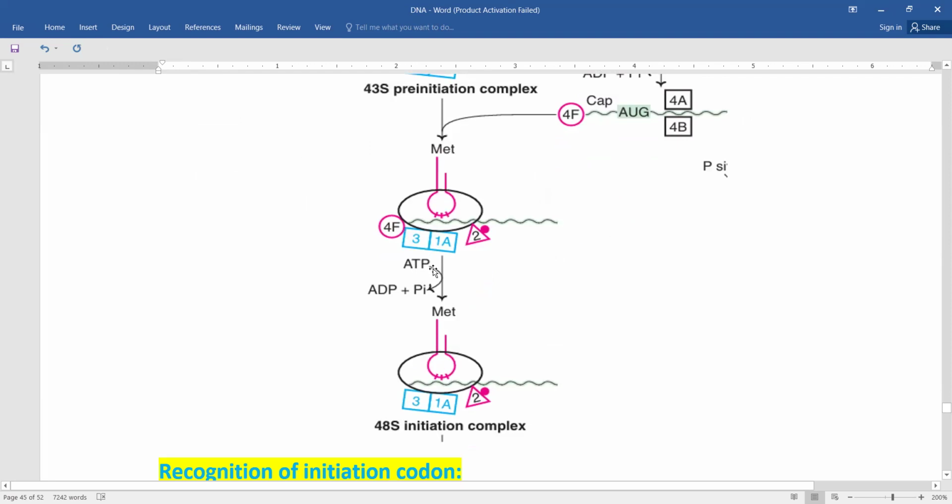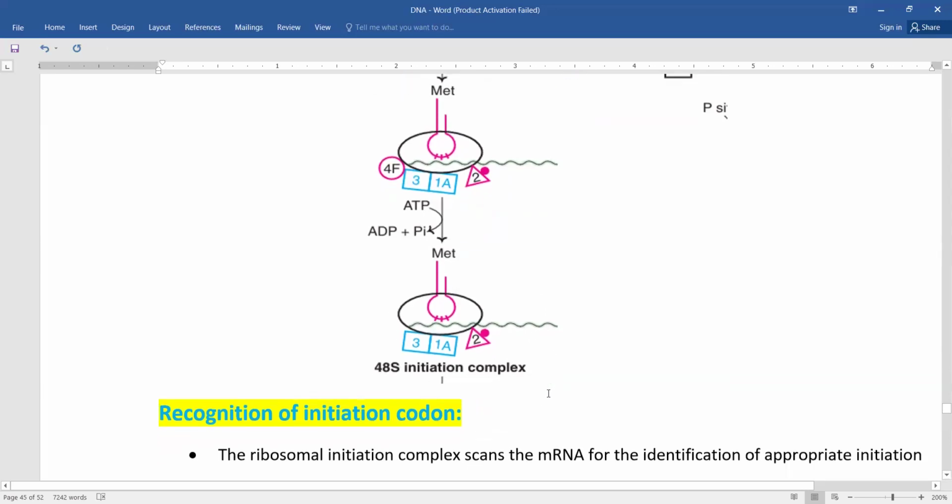So here the ATP is utilized actually to bind these two. Even to bind this mRNA to this 43S, ATP is needed. Okay, so now it became the 48S initiation complex.